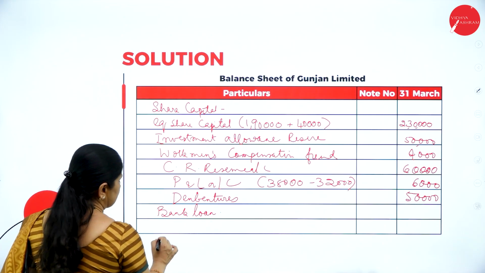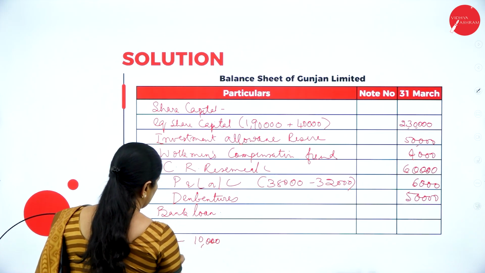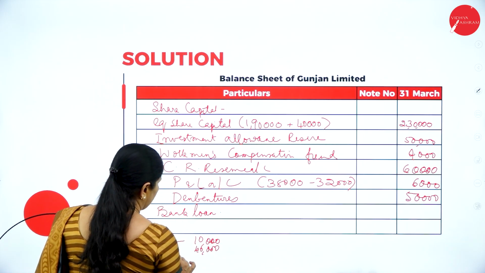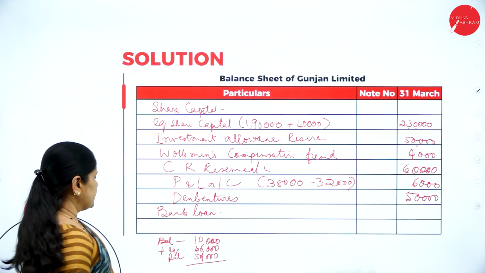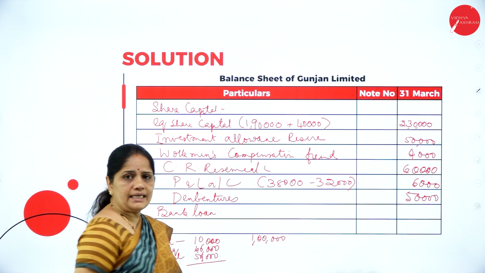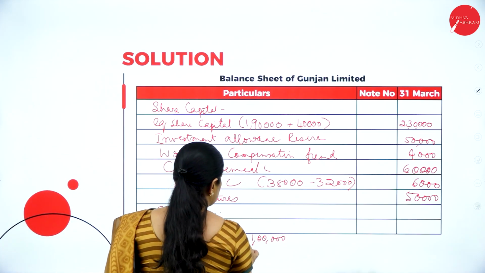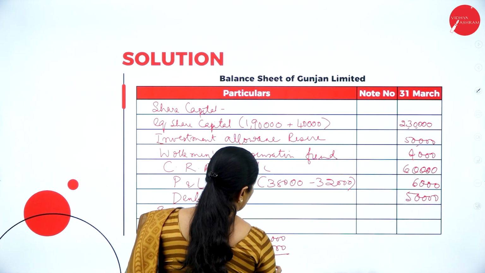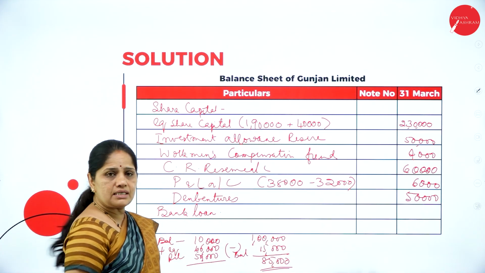So bank balance is 10,000. We have raised from equity shares 40,000, from debentures 50,000. So totally there is 1 lakh. Then we have to leave a balance of 15,000 here. Less balance to be maintained, 15,000. So totally we have 85,000 balance in the cash, that is bank.